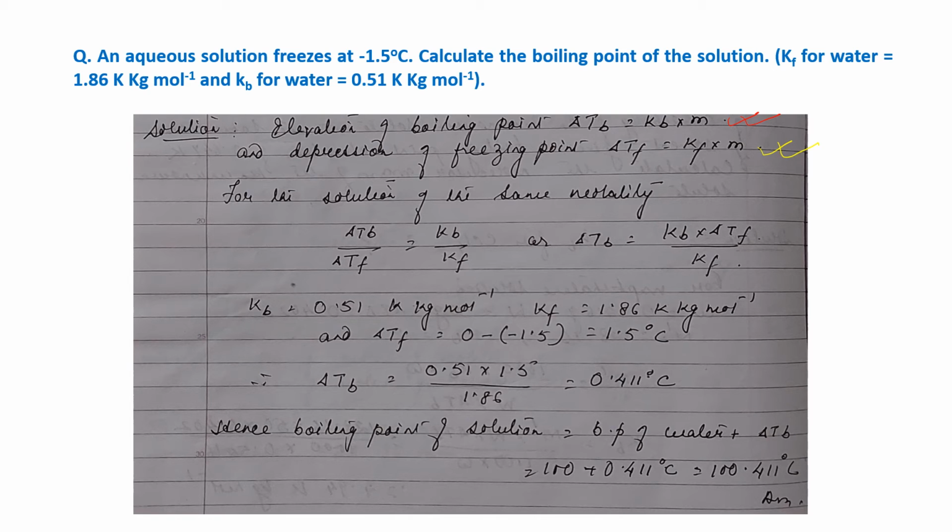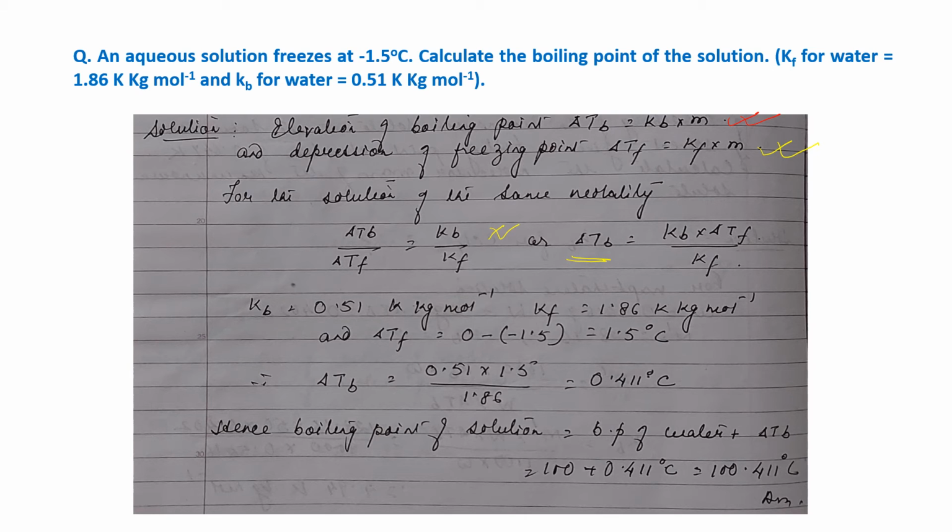For the solution of the same molality, because it is the same solution, talking about the same aqueous solution, they are having the same molality. So delta Tb by delta Tf is equal to Kb by Kf. From there, you have to find out delta Tb first. So delta Tb is equal to Kb into delta Tf by Kf.